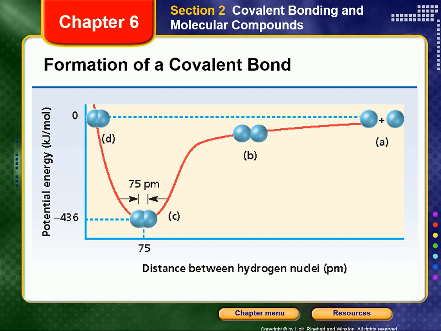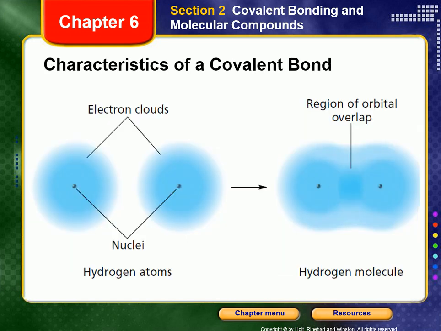In Figure 6-5, the bottom of the valley in the curve represents the balance between the attraction and repulsion in a stable covalent bond. At this point, the electrons of each hydrogen atom of the hydrogen molecule are shared between nuclei. As shown below in Figure 6-7 on page 167 of your text, or on the screen now, the molecule's electrons can be pictured as occupying overlapping orbitals, moving about freely in either orbital.